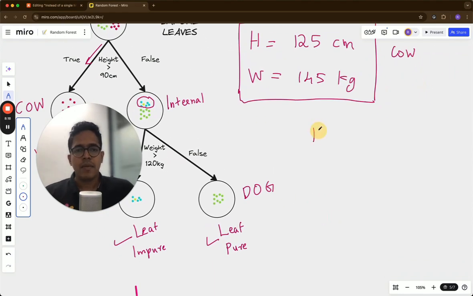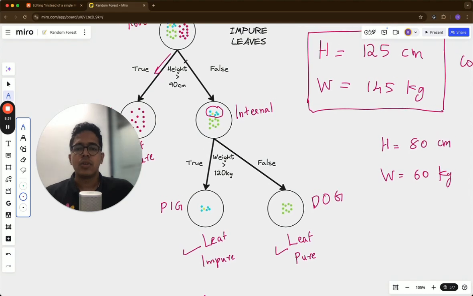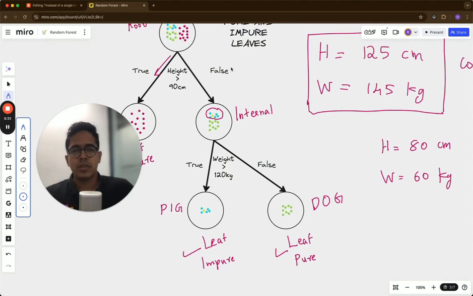What about an animal with height equal to 80 centimeter and weight equal to 60 kilograms? Is this a cow, pig, or a dog? Let's see. So height greater than 90 centimeter is false. So you have to traverse the false branch. Then here you will reach this node, where the condition being used is weight greater than 120 kilogram.